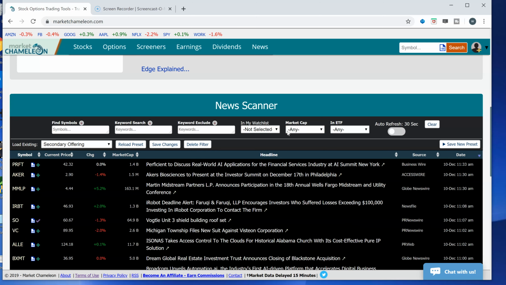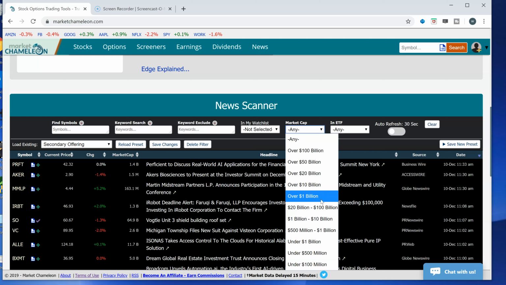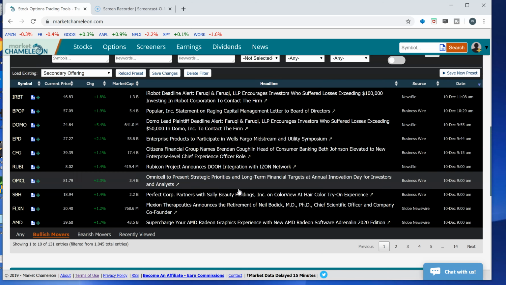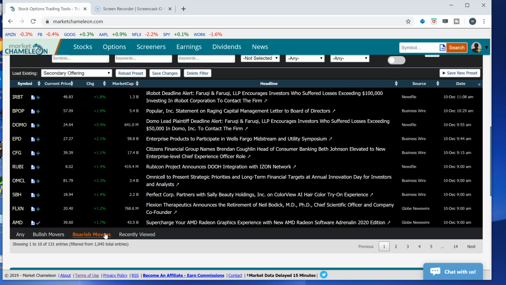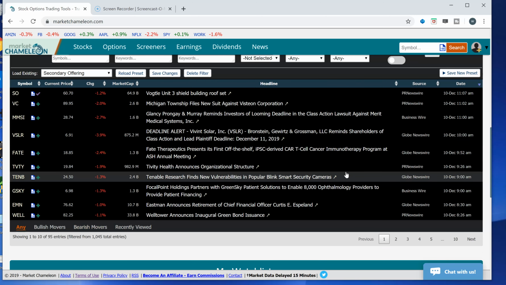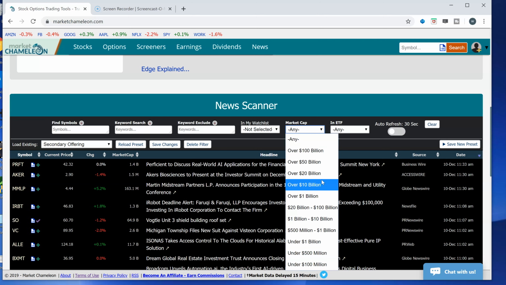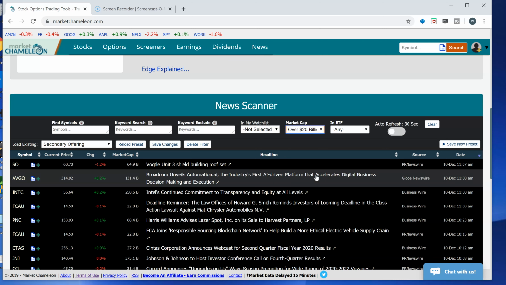Of course, if you're looking for stocks, you also have the ability to look for things like movers that are low cap stocks, let's say under 100 million. Look for bullish movers or bearish movers. You could also look for high cap stocks, let's say over 20 billion.